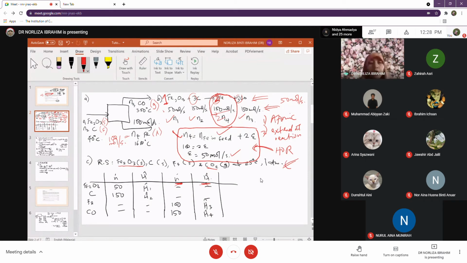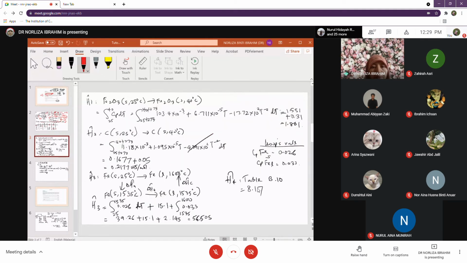Now you draw the inlet outlet enthalpy table, put in the flow rate, all that, the unknown enthalpy here. So you have 4 unknown enthalpies to be calculated. The first enthalpy is on the ferric oxide, H1. If you refer to table B2 for the heat capacity, this is the CP for that ferric oxide.